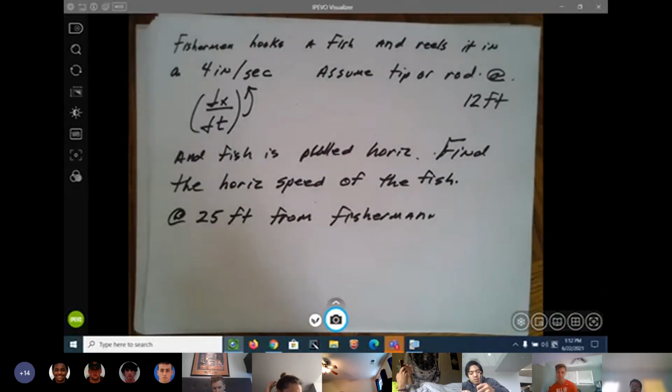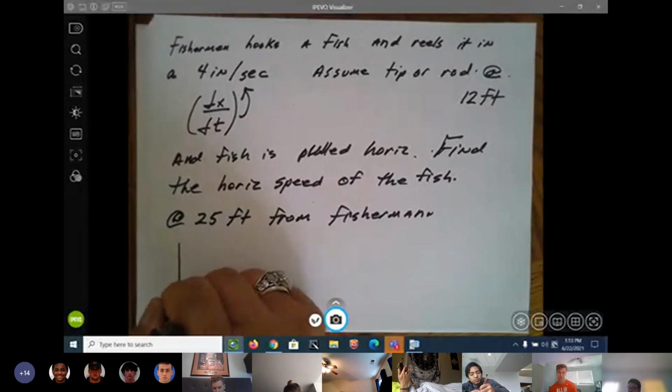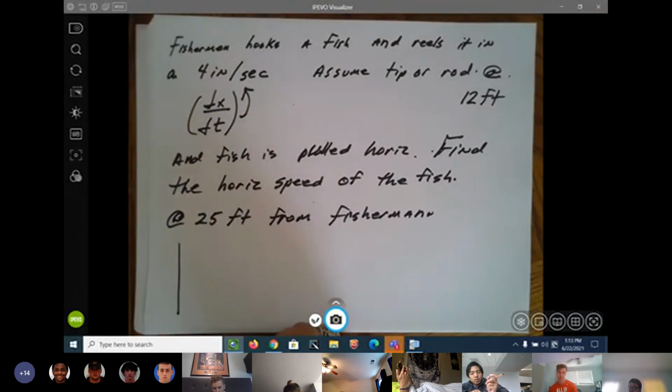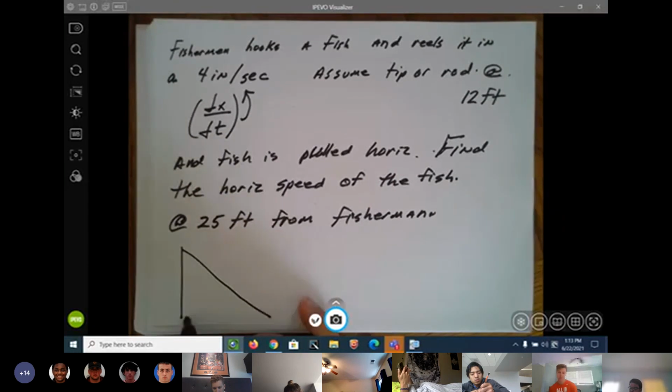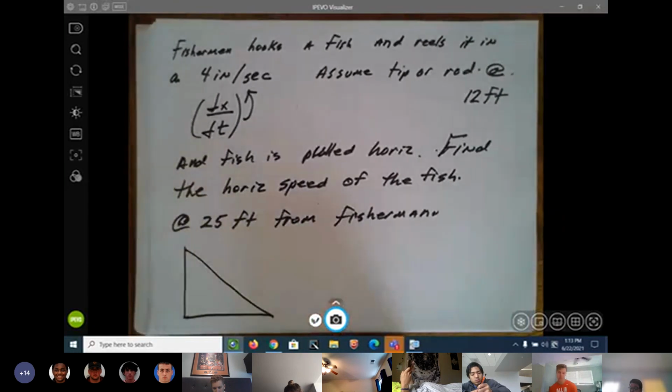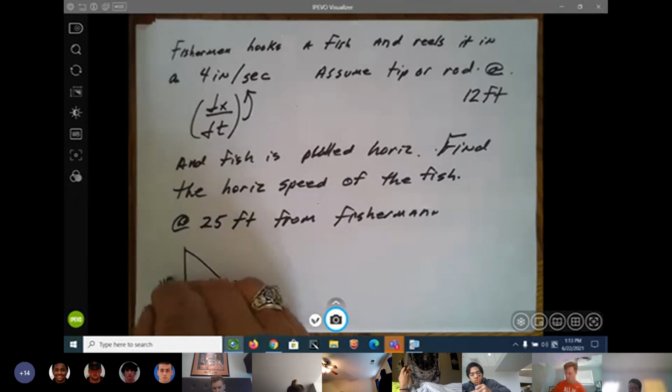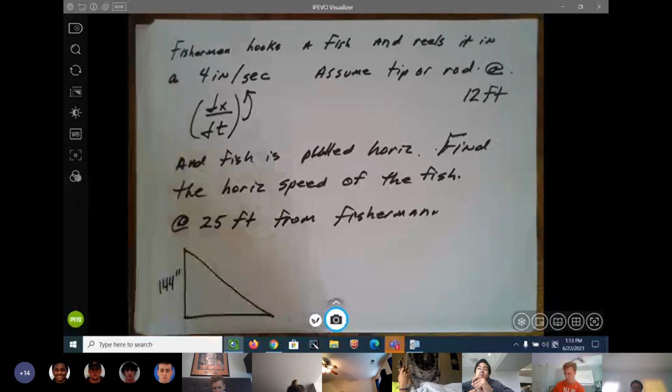But first of all, we have to draw a picture. So the pole is 12 feet. The tip is 12 feet from the ground, or from the lake elevation, so that means 144 inches. Why did I change it into inches?